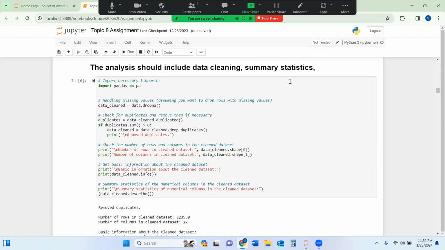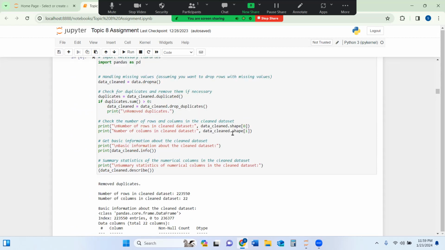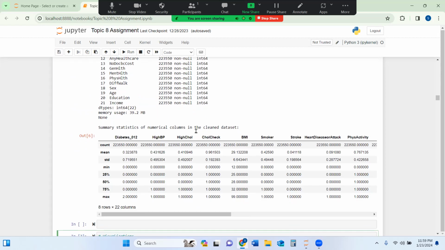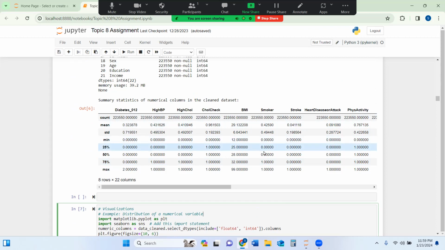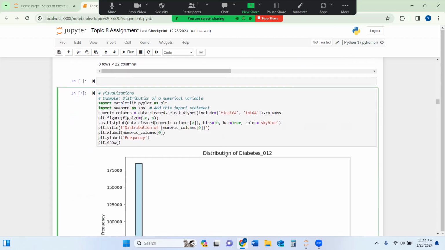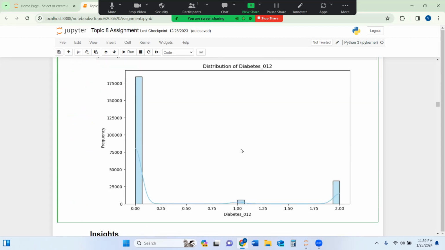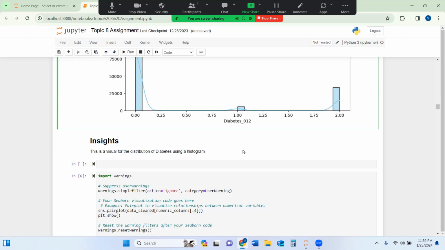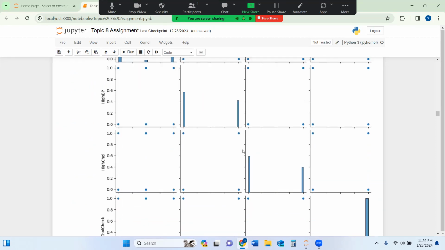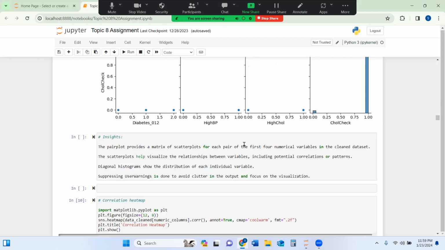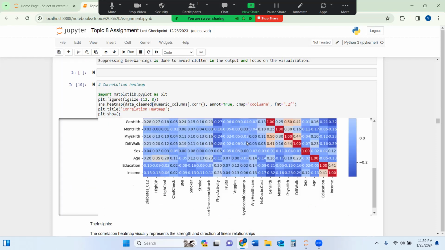Also, I did data cleaning for duplicates. Then I did the summary statistics again. Now, the visualization uses histogram to show the distribution of diabetes, as well as pair plots. And I also use scatter plots and a heat map.